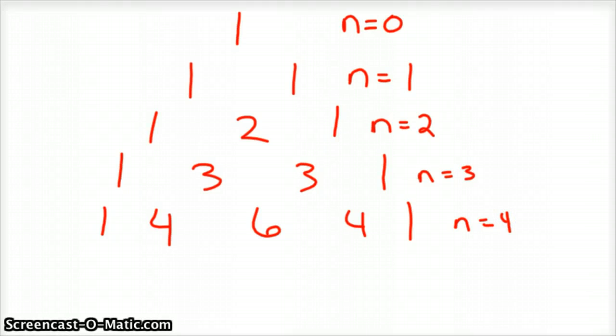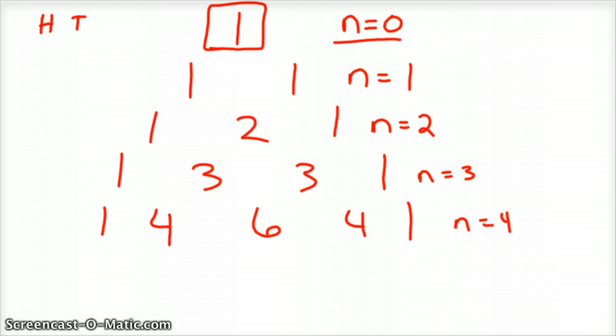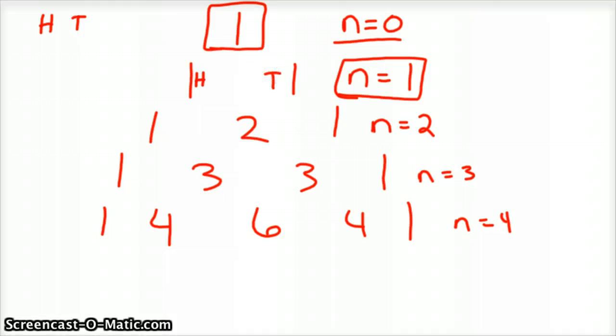Okay. Let's think of it as heads and tails for flipping a coin. I guess this first row would be that you didn't have a coin, so your number of coins is 0. Heads and tails. So if you had one coin, for this one, you could either have a head or you could have a tail. Okay.